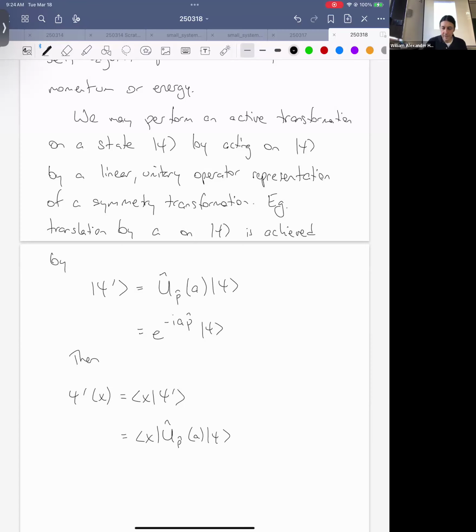Now, again, to make contact back with the active versus passive transformation, I could think, instead of acting the unitary operator on the state psi, about the unitary operator acting on the basis state x. And when the dust settles in terms of the various signs, this is x minus a on psi.